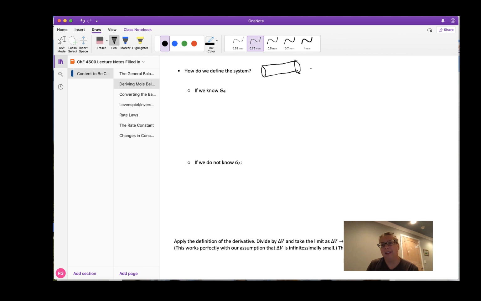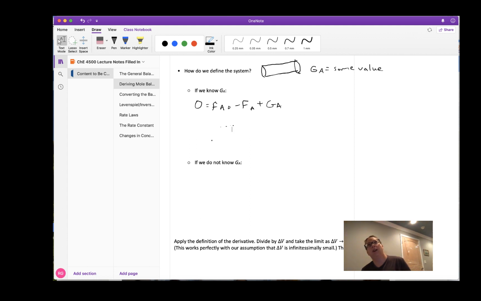And so if we have this thing and we know, for example, what the net generation consumption term is, in that case, it's easy. If we know the net generation consumption term for some component over the entire length of the reactor, and we know the inflow and outflow, then we can write just the general mole balance. So we would say the steady state reactor. And we could solve this thing.